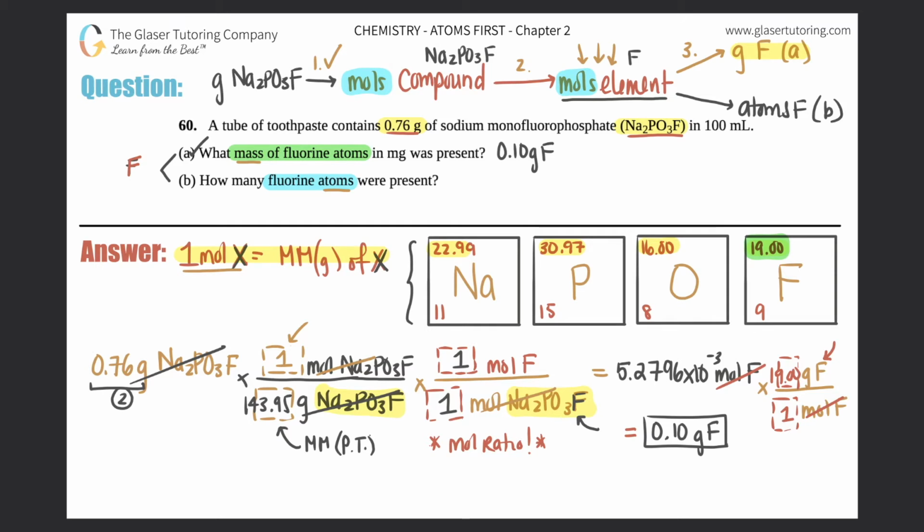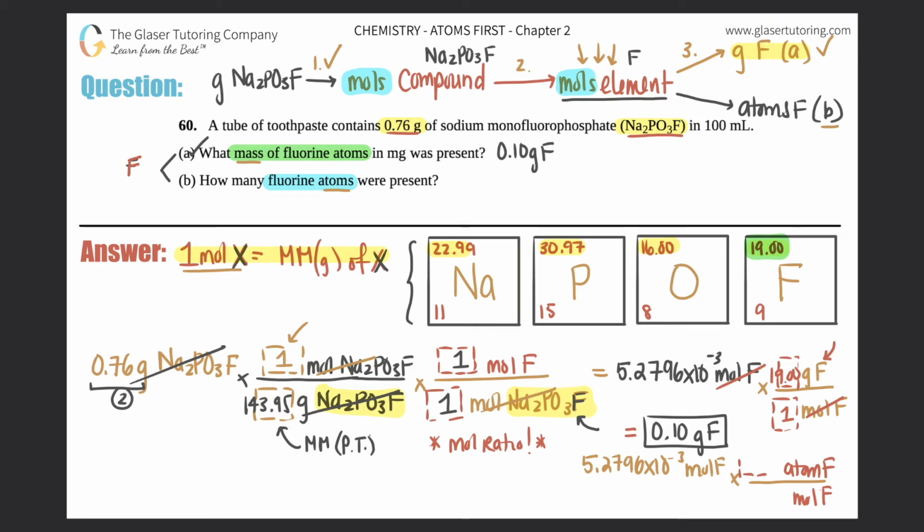Now, they want to know the atoms of fluorine, so we did this part, but now we just got to figure out B. And we take it from the moles, and the moles was what we had before, the 5.2796 times 10 to the negative 3 moles of fluorine, times by that ratio, mole of fluorine on the bottom, atoms of fluorine up top.